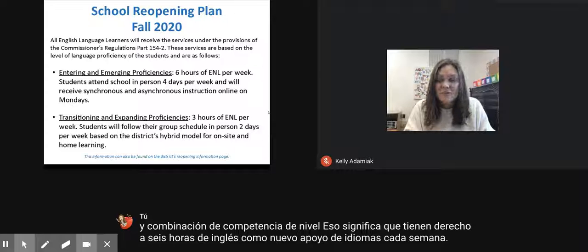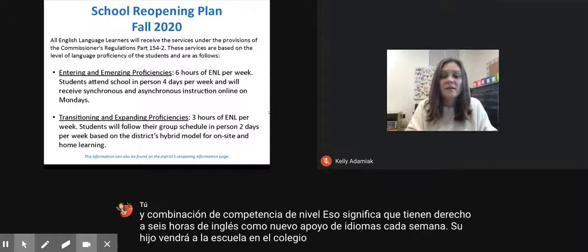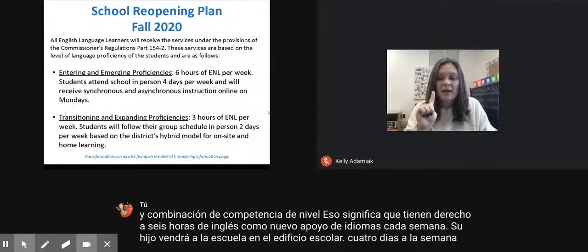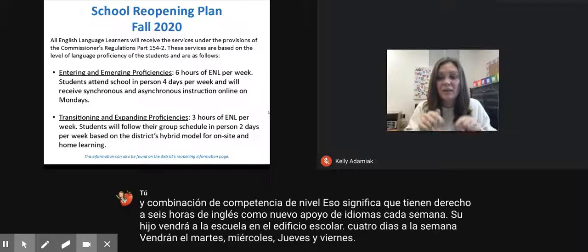Your child will come to school in the school building 4 days per week. They will come on Tuesday, Wednesday, Thursday, and Friday to Preston School to learn in the building.